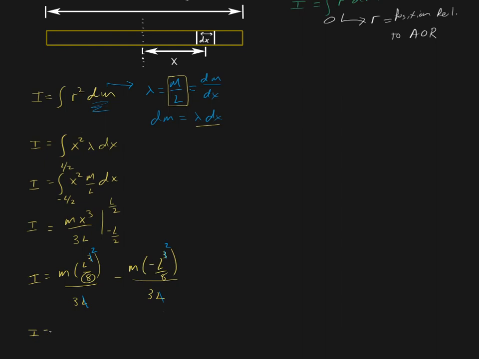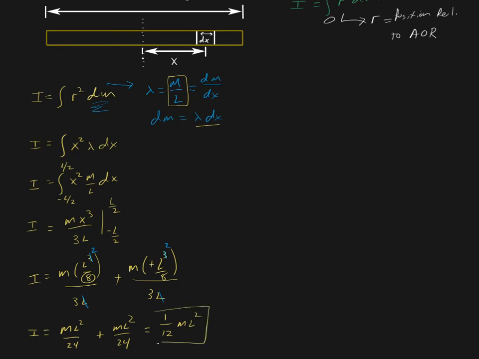So we have I is equal to ml squared over 24 plus ml squared over 24, because this negative and this negative make it positive. And we have 2/24, which is the same thing as 1/12 ml squared.